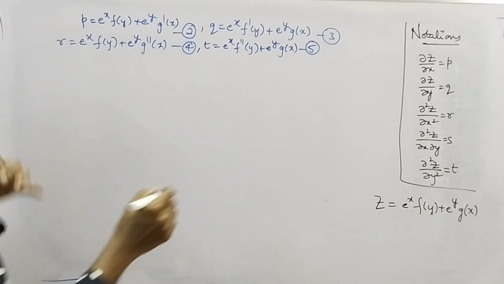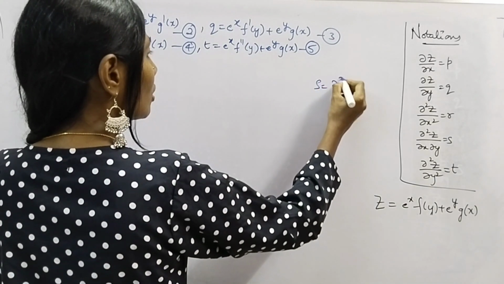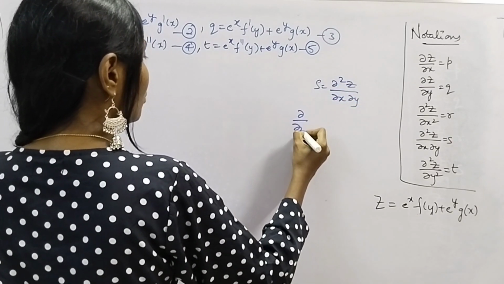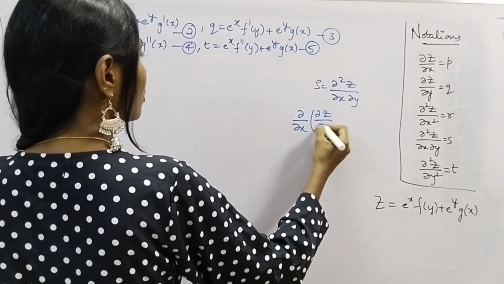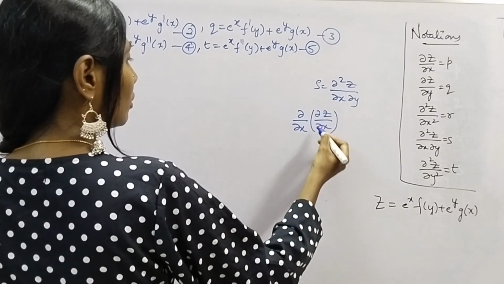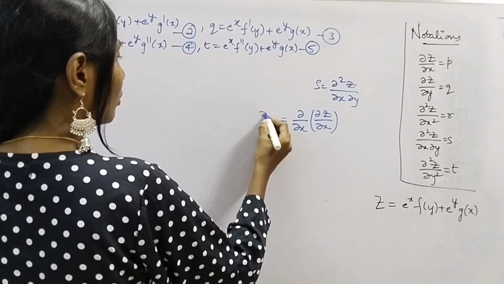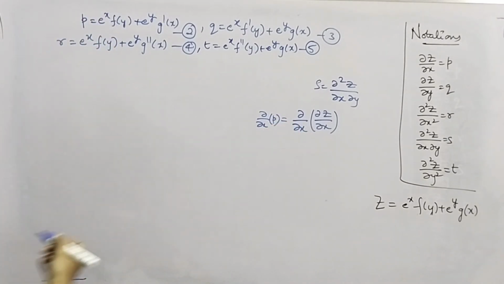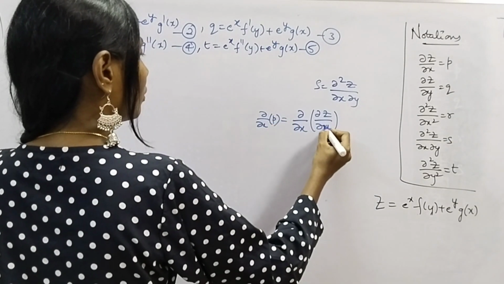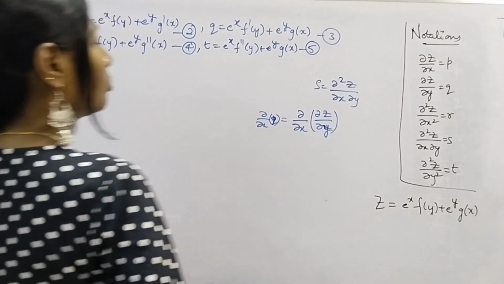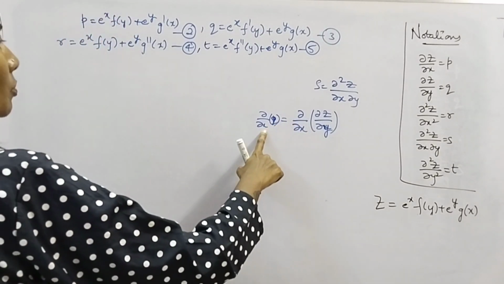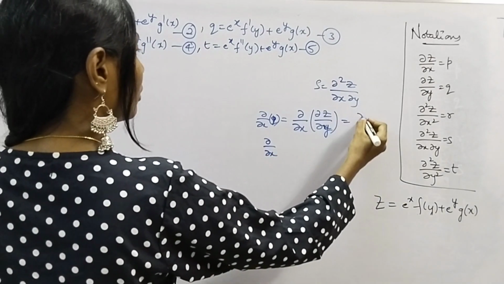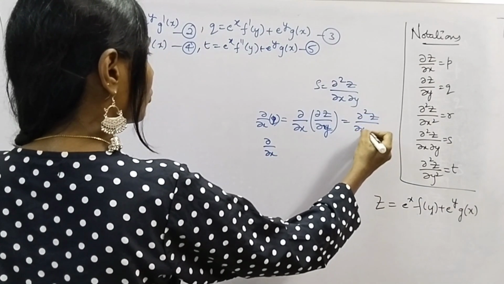s is nothing but ∂²z/∂x∂y, right? You can partially differentiate p. This is nothing but p, right? You can partially differentiate q with respect to x to get s, so you'll get ∂²z/∂x∂y.